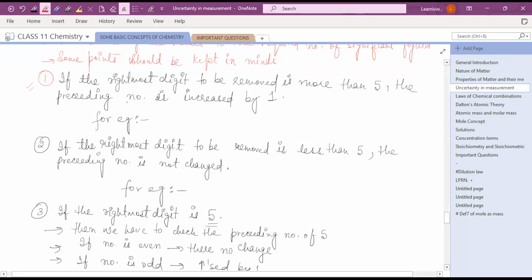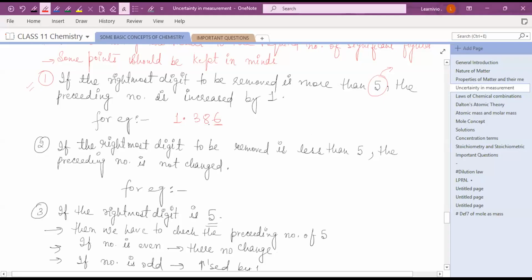we have to remove the rightmost digit. The rightmost digit after the decimal is to be removed. If the digit we have to remove is more than 5, then the preceding number is increased by 1. It's very simple. For example, 1.386.